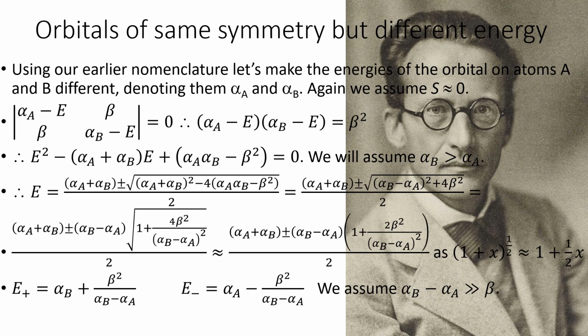And then when we look at the E minus solution, you can see in this case the alpha b's are going to cancel, and it's going to give us alpha a. So this was the lower energy orbital. So the lower energy orbital then goes down even lower in energy by beta squared over alpha b minus alpha a. So again, that has to be a positive quantity.